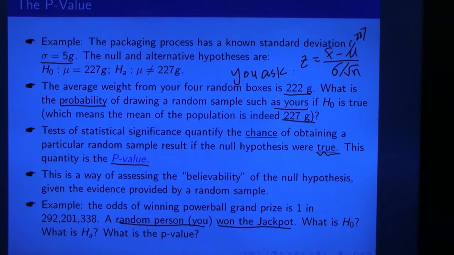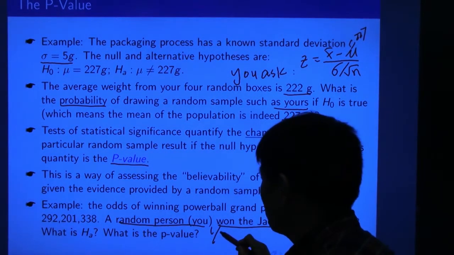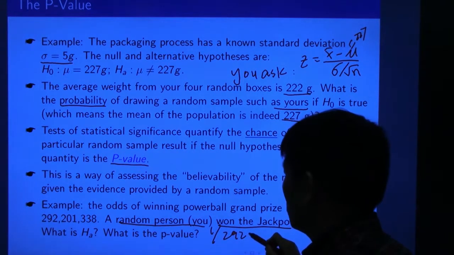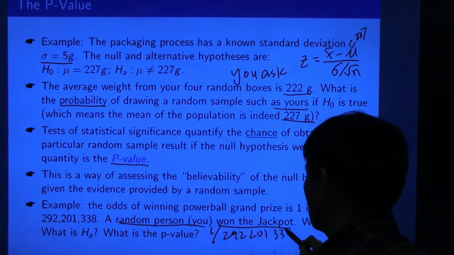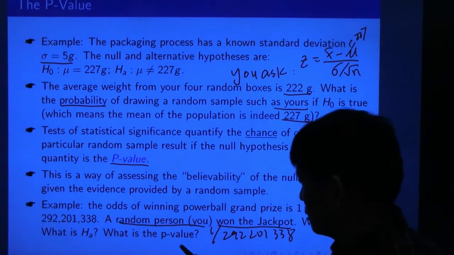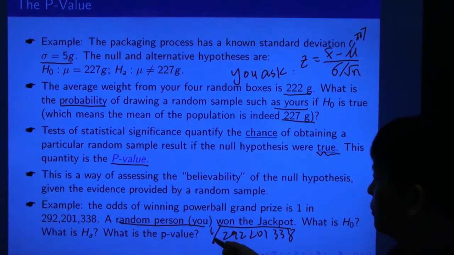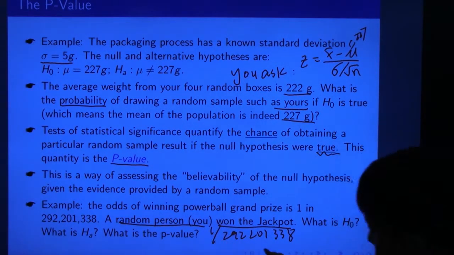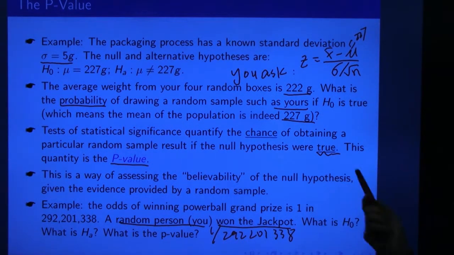Definitely this p-value equals 1 out of 292,201,338. This is the chance. If the null is true, then a random person like you who won the jackpot has this little chance.